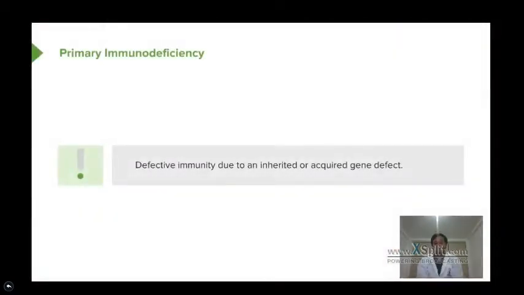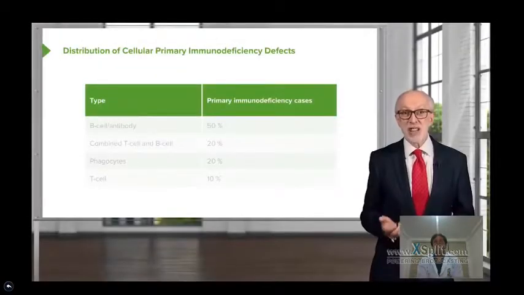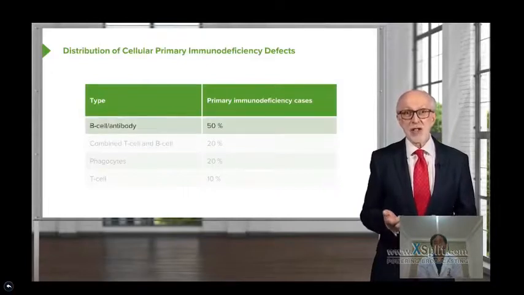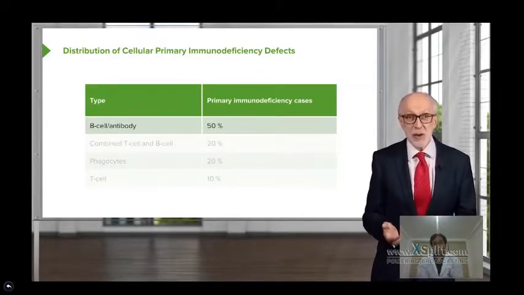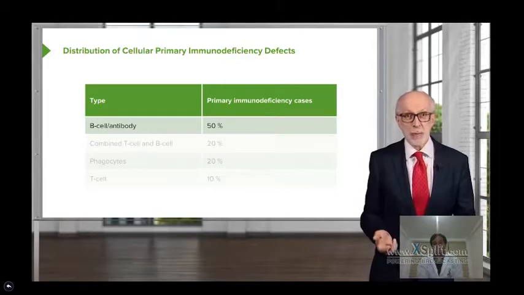So primary immunodeficiency is defective immunity that is due to either an inherited or an acquired gene defect. The distribution of cellular primary immunodeficiency defects is that around about half of them are caused by defects in B cells and therefore in antibody production.